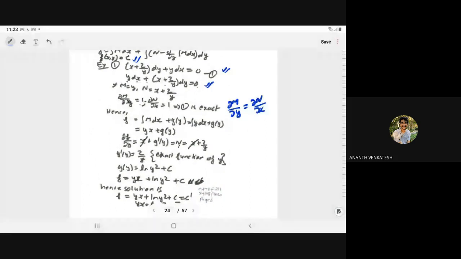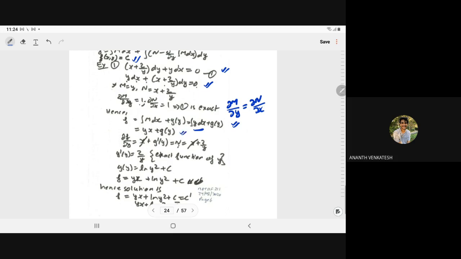The solution, we know, is f equal to the integral of M dx plus g(y). M is y, so the integral of y dx plus g(y). Integration will give yx, since the integral of this is x. So yx plus g(y).